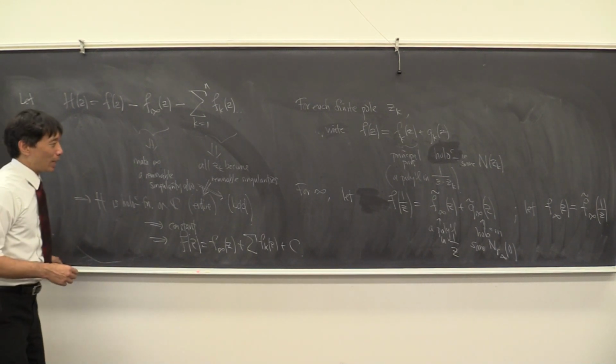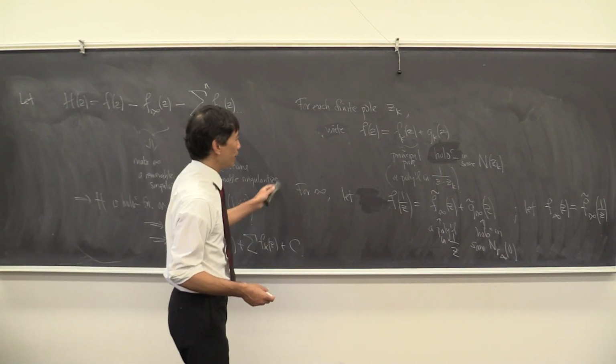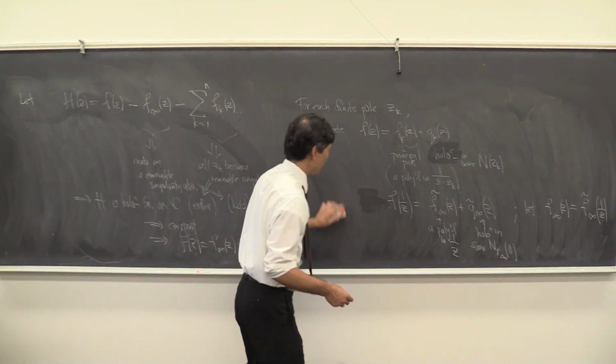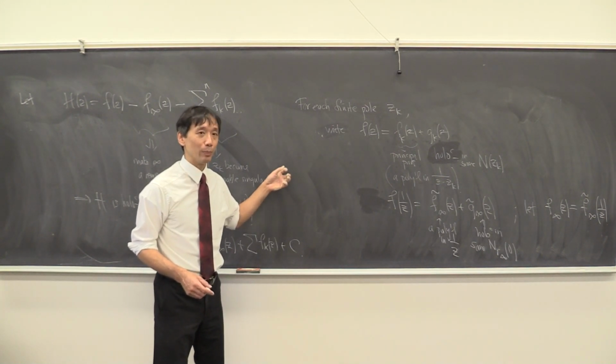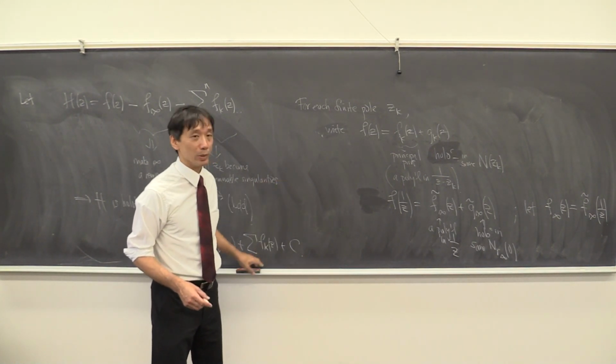So yeah, that's this comment right afterwards. They say, look, if you have two such functions and they've got the same zeros and poles with the same multiplicities, then they must be multiples of each other.